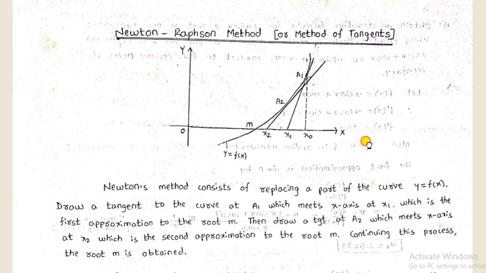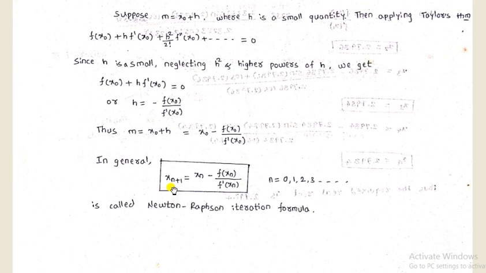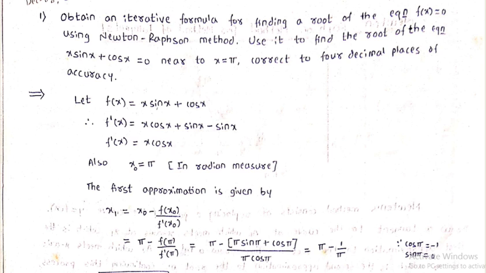And the formula for the Newton-Raphson method is xn plus 1 is equal to xn minus f of xn divided by f dash of xn. So f dash of xn is the differentiation of f of xn, and n values are 0, 1, 2, 3, 4, etc. So this formula is called the Newton-Raphson iteration formula.